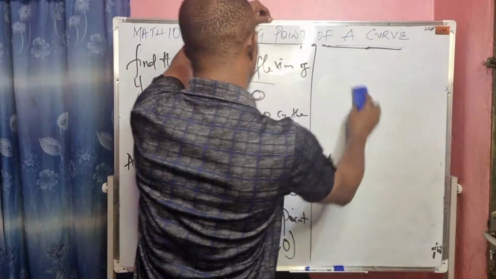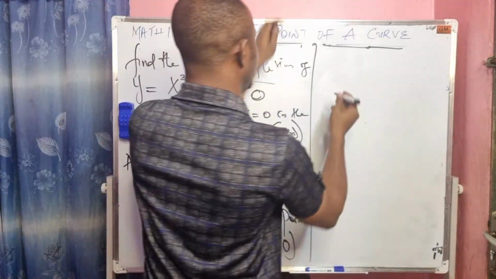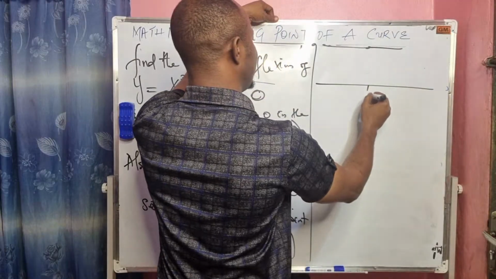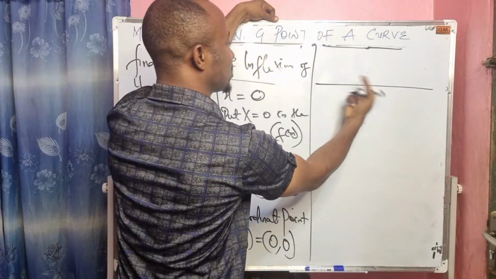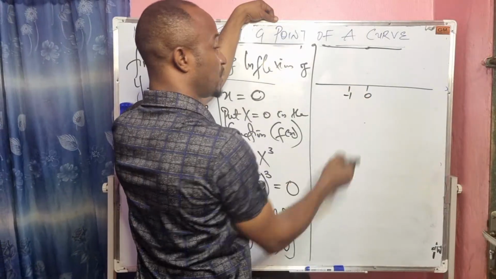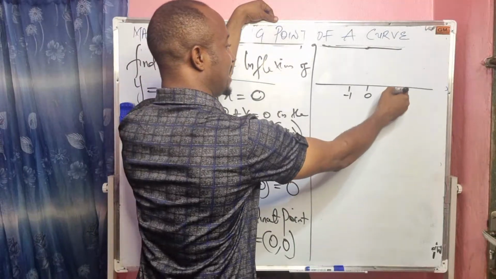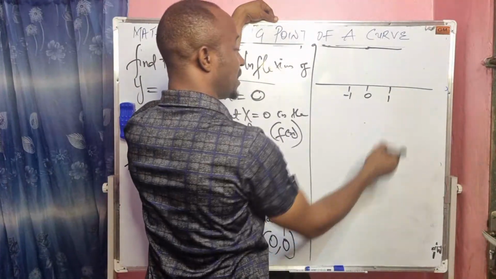To test, the value of our x here is obviously 0. If I bring up my number line and we have 0, to the left of 0 is minus 1 and to the right of 0 is 1.